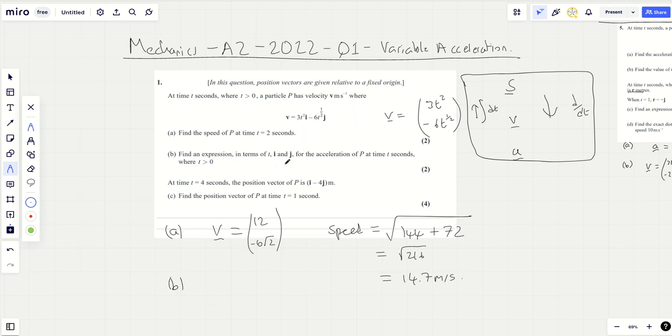Part B. Find an expression in terms of t, i and j for the acceleration. So to go from velocity to acceleration, we need to differentiate. So let's just write down the velocity vector: 3t squared minus 6t to the half. And let's get on with differentiating it.